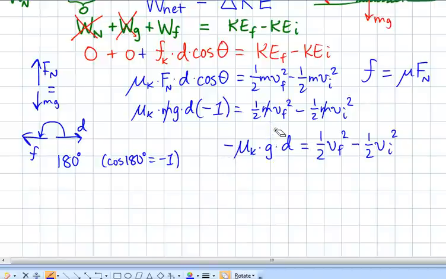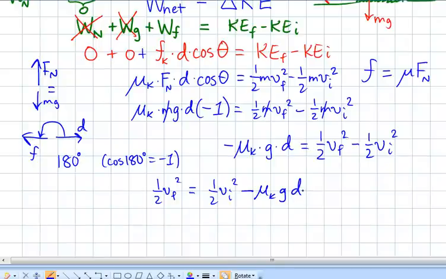Okay, so let's solve this for v final because that's what we want, and then we'll plug and chug. So we have 1/2 v final squared is equal to 1/2 v initial squared minus mu times gravity times displacement.